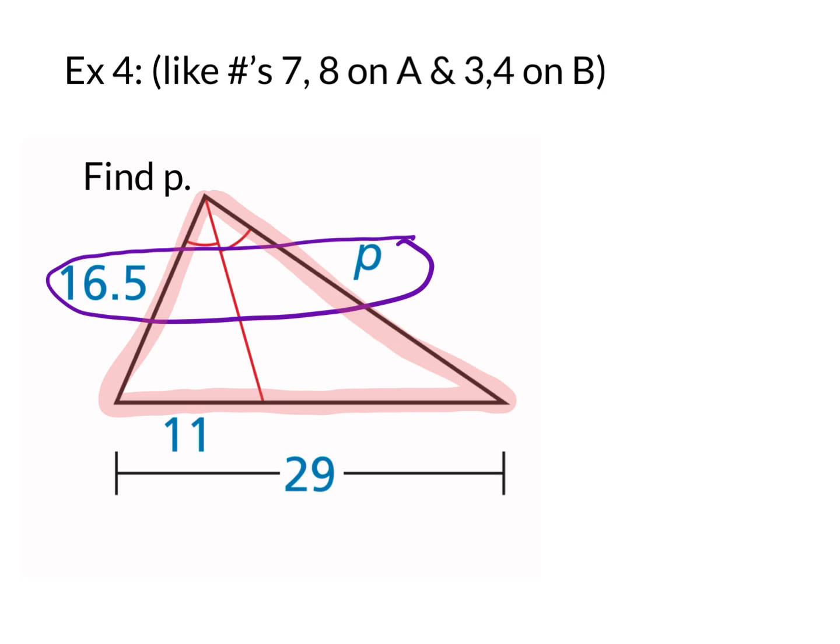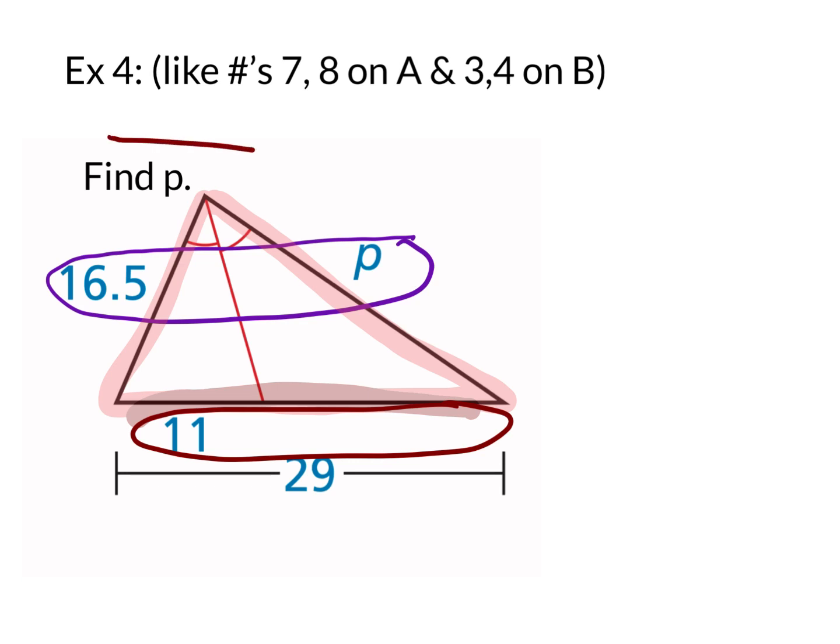So those two I want to put together, the two that make up the whole side. But then I want to put together the two that make up that split side. And same thing, you got to go one direction, either right to left or left to right. I just commonly go left to right.